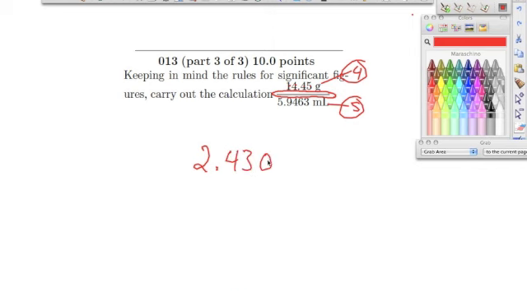The unit is gram per milliliter, and if we count these out, we have 1, 2, 3, and 4 significant figures. So for division and multiplication, we use the least number of significant figures.